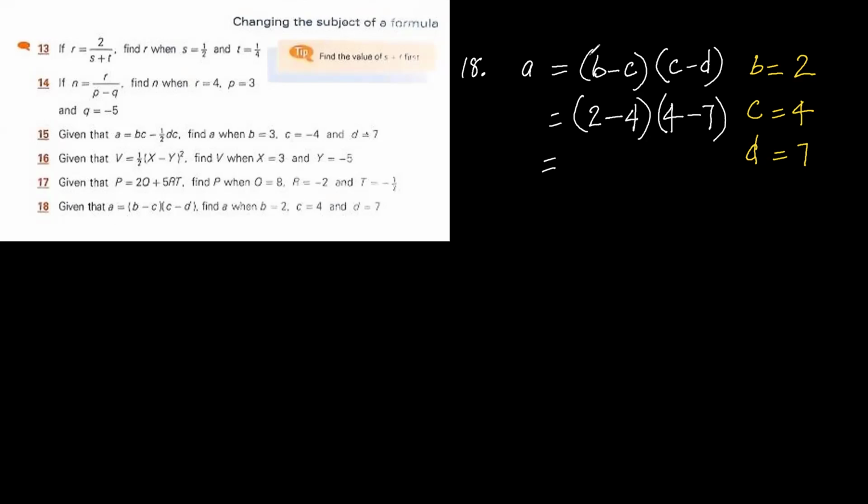Remember, B is 2. C is 4. So it's 2 minus 4. C again is 4, and D is 7. This one was supposed to be an easy one for you, Duncan. Actually, I think I got the correct answer, sir. Very good.